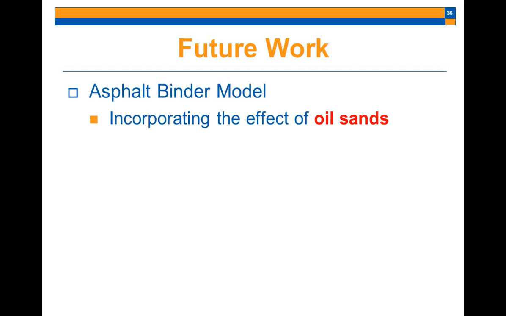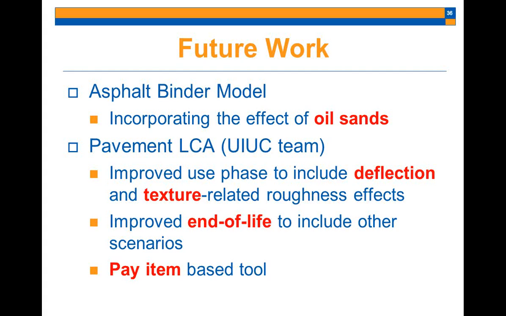Specifically for the asphalt pavement model, something that we did not address is the effect of oil sands. Literature has shown that oil sands do have a significant effect on environmental impacts. It takes a lot more energy to extract oil from oil sands, and sometimes you have to upgrade it before you refine it. So this is something that we should continue to work on incorporating.